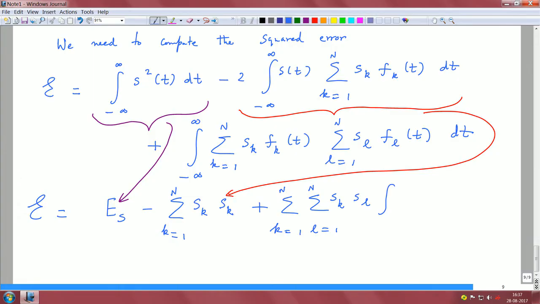If you did a math course in analysis 1 or 2, you will appreciate all these subtle aspects of exchanging limits, integrals, and summations. I won't delve into those things because they are part of analysis, a separate course. So we end up with the integral from minus infinity to plus infinity of f_k(t) f_l(t) dt. Now we are home for good.